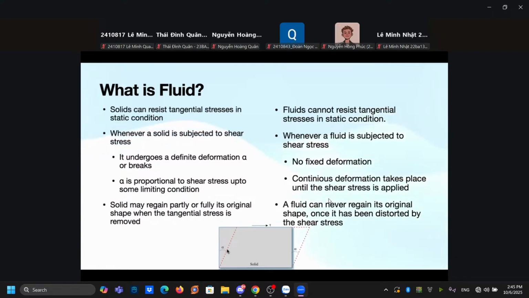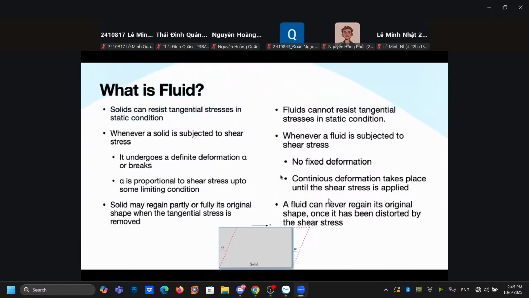Alpha is proportional to shear stress up to some limit condition, but for fluids, there is no fixed deformation, and continuous deformation takes place as long as the shear stress is applied. For solid, it may regain partly or fully its original shape when the tangential stress is removed. Just like the mobile phone, you apply a small force, small stress, and it can recover, or it doesn't even change shape.